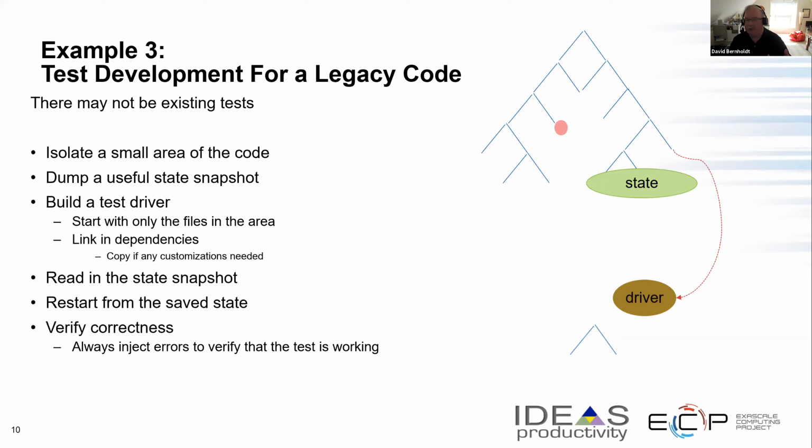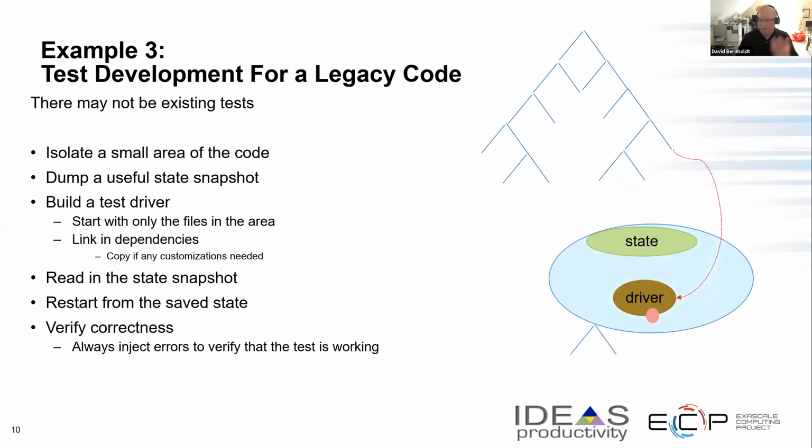And if that's possible, that's oftentimes valuable, because the less external code dependencies that you have, it simplifies things and makes it easier to focus down on where the problems might be. So you can take the little red dot, which represents one of these little dependencies, extract it out and associate it with the driver. And so now you have this new little application down in the bottom, which is capable of testing this little module that you've extracted from the legacy code.